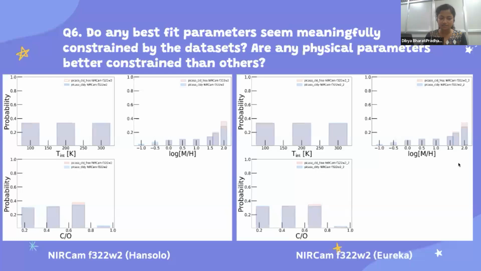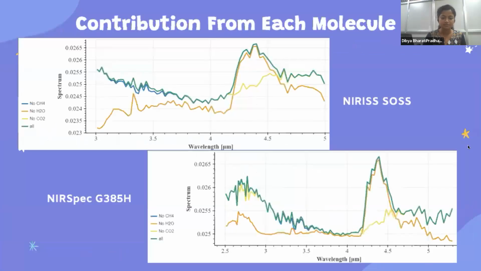We see that for the intrinsic temperature, the probability values do not vary much for the best fit parameters 100, 200, and 300. But log metallicity is quite fluctuating in both cases, and C/O ratio is also fluctuating. So maybe we can say that intrinsic temperature is the best fit, fitting best among all the parameters present here. Yeah, next slide, please.